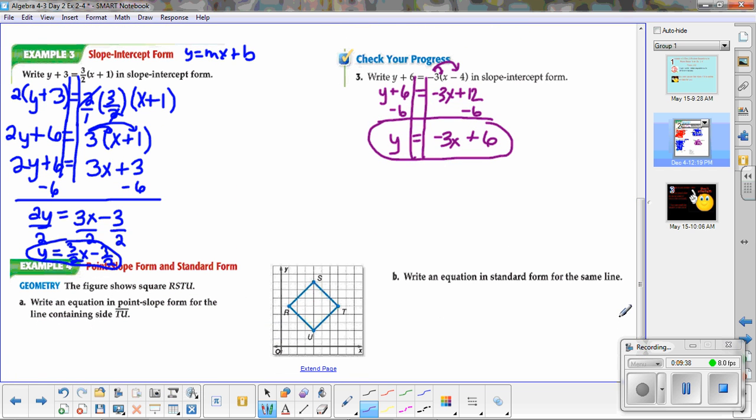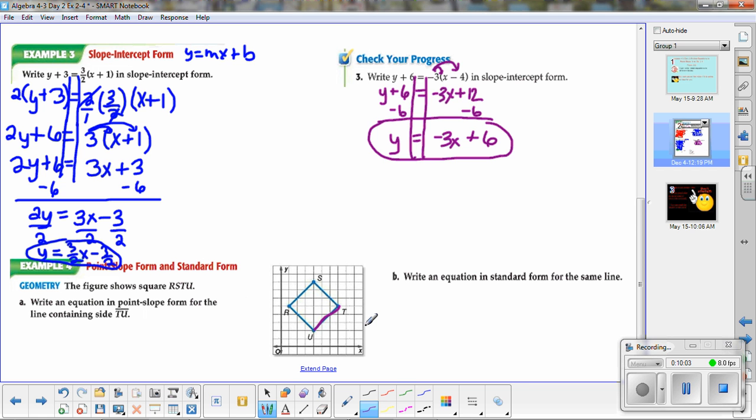All right, our last example says write an equation in point-slope form for the line containing side PU. So we're talking about this right here. Well, in order to be able to write the equation in point-slope form, we need to know a point, and we also need to know the slope.